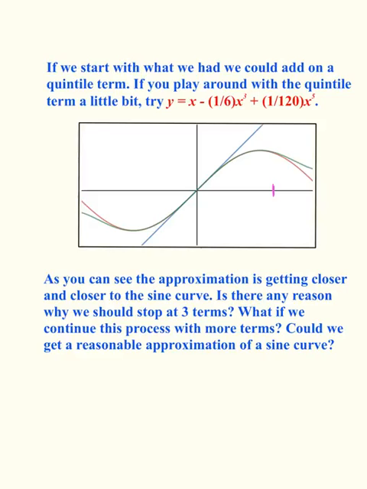So as you can see, this approximation is getting closer and closer to the sine curve. Is there any reason why we should stop at 3 terms? If we continue this process with more terms, could we get a reasonable approximation of a sine curve?